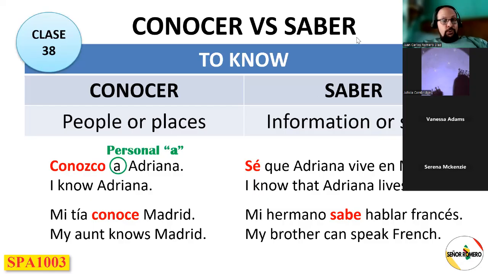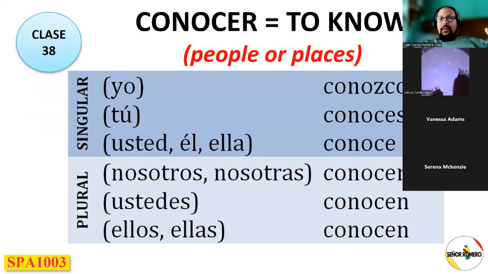But as you know, como ustedes saben, we don't use either conocer or saber. We conjugate these verbs. What's the conjugation of the verb conocer, as in to know people or places? Conozco, I know.